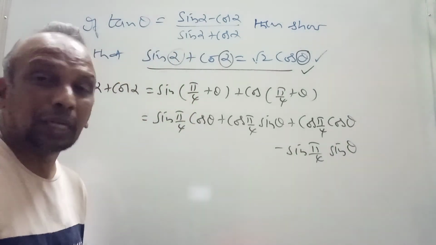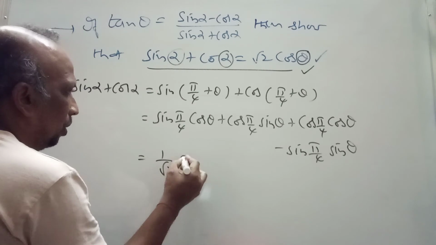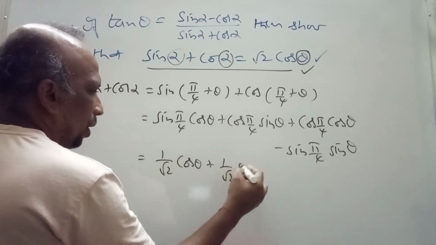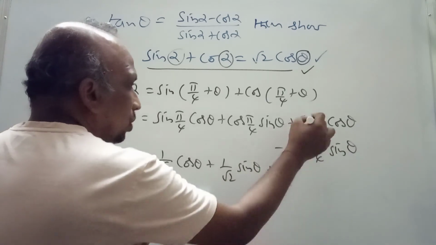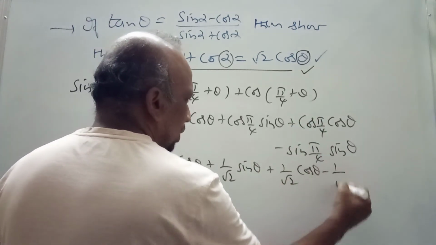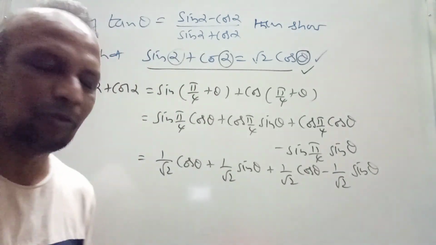But we know sin 45 and cos 45 are both 1 by root 2. So sin 45 is 1 by root 2 cos theta, plus 1 by root 2 sin theta, plus 1 by root 2 cos theta minus 1 by root 2 sin theta.